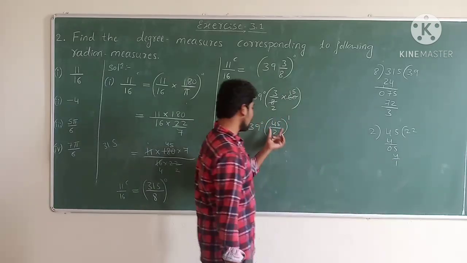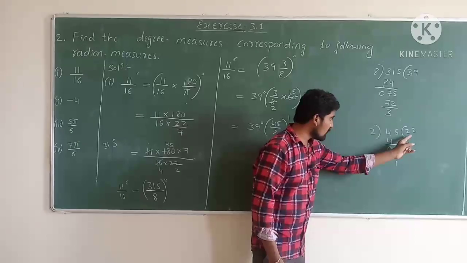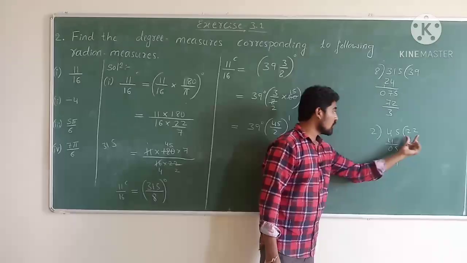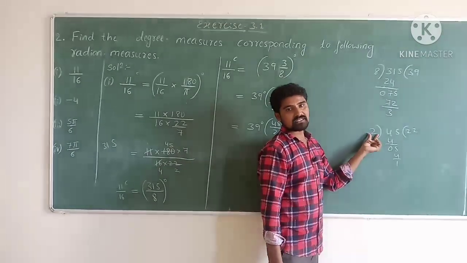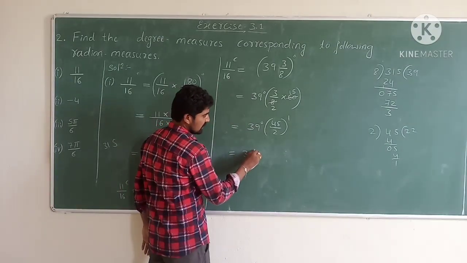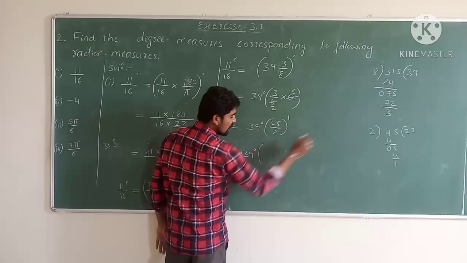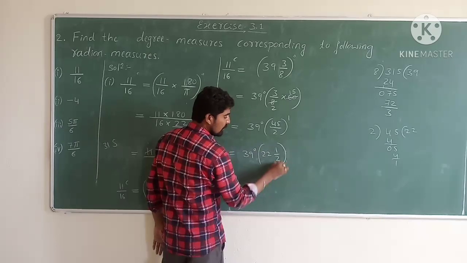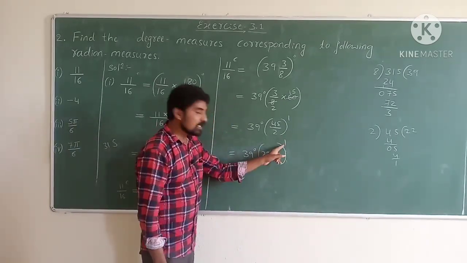Now this 45 by 2 in terms of mixed fraction is 22 and 1 divided by 2, quotient into remainder divided by divisor. So therefore this is equal to 39 degree 22 and 1 divided by 2 minutes. Still it is in minutes. Now the exact minutes is 22 minutes.